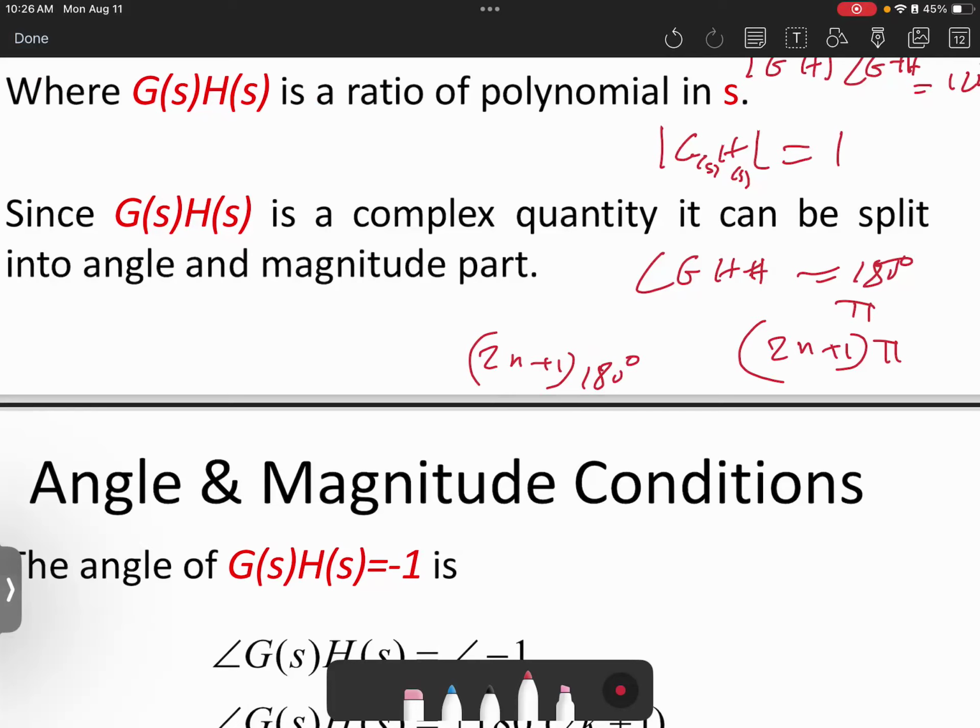Because -1 is achieved by 1 angle 180 degrees, or 1 angle 180 plus 360 degrees, and so on.